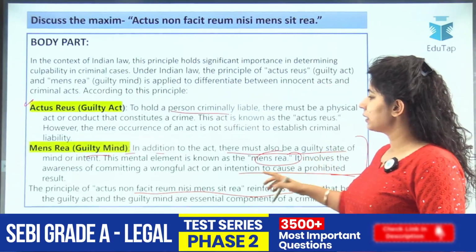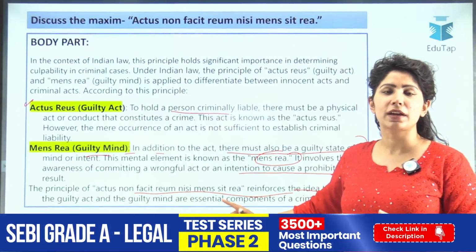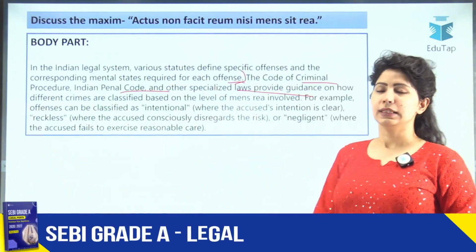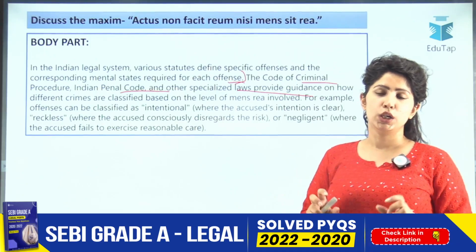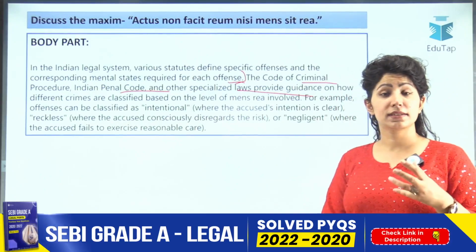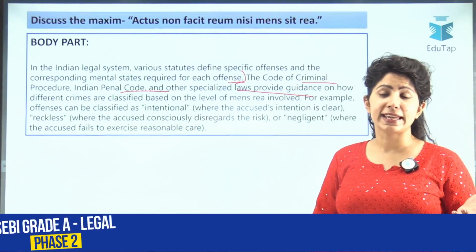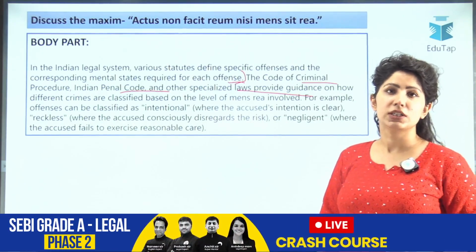Then you talked about how both of these, actus reus and mens rea, guilty act and guilty mind, are required to establish a person as criminal. Then we are coming again to the Indian legal system. We are saying that there are many laws which use this maxim and which specify certain conditions for each of the acts. For example, an accidental death cannot be counted as murder because there was no intent to cause death.